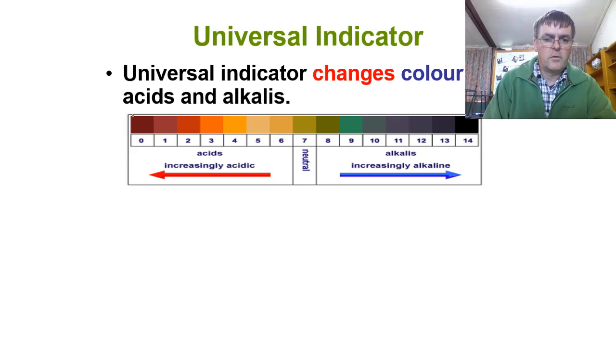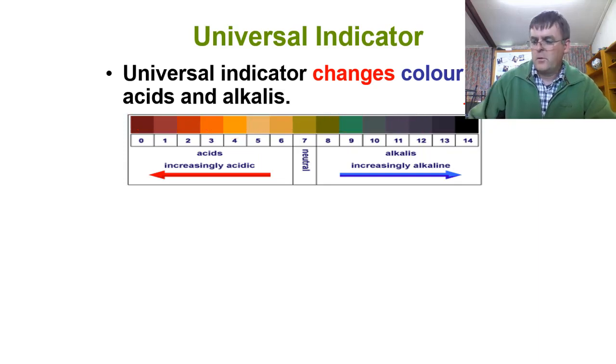Over on this side we've got reds, and then the yellow oranges for weak acids. In the middle we have green for 7, for neutral.